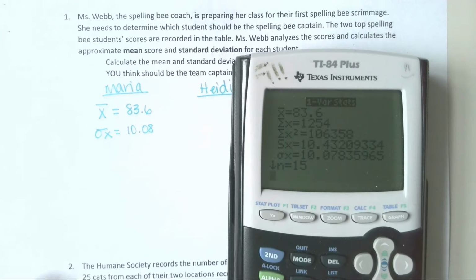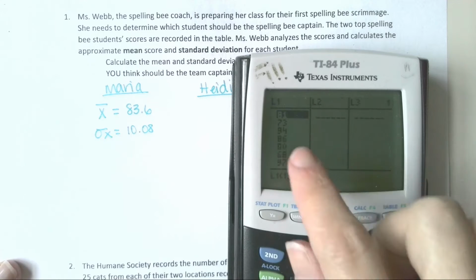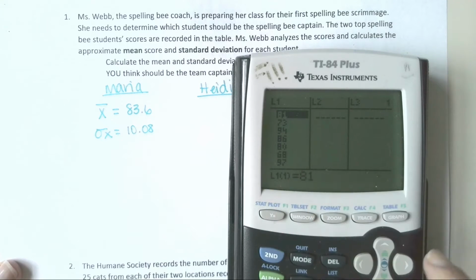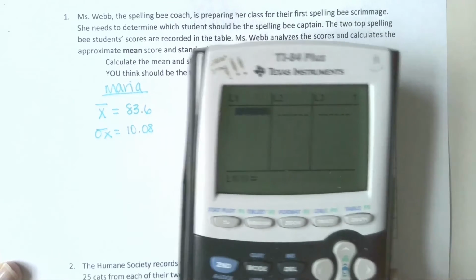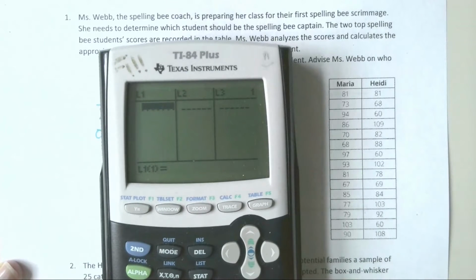To find Heidi's values, we need to go back into our table here, clear these values, and start all over again with Heidi. So I'm going to go ahead and do that.